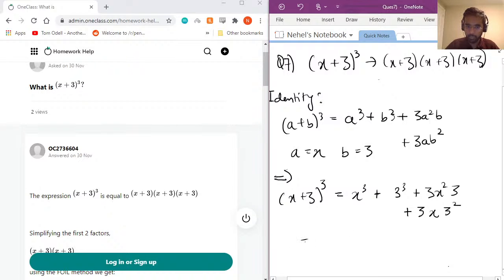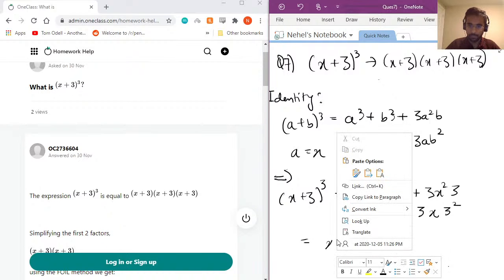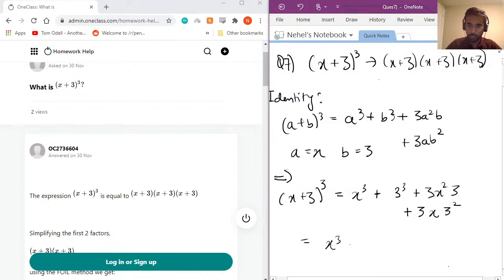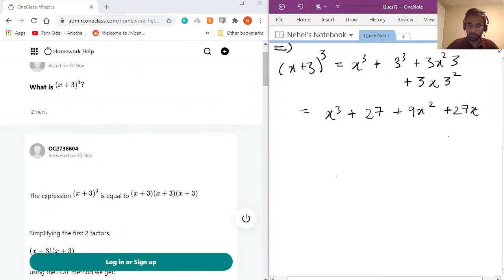So we get x cubed plus 3 cubed, which is 27, plus 9x squared plus 3 times 3 squared, which is 9 times 3 is 27, so 27x. Therefore, the final answer in this case becomes x cubed plus 9x squared plus 27x plus 27.